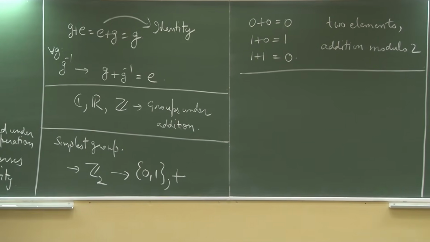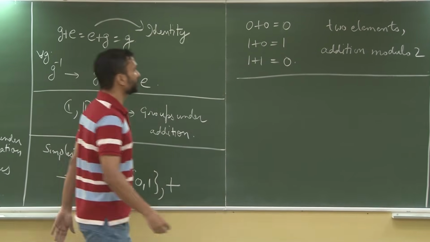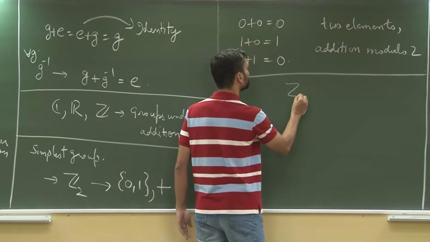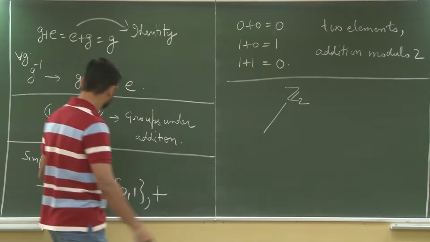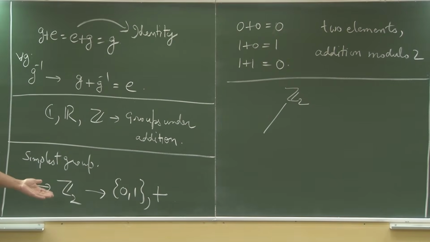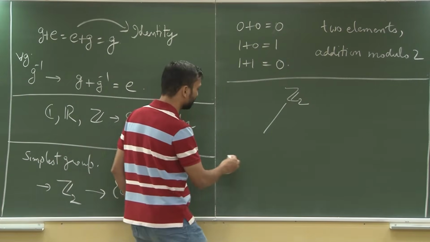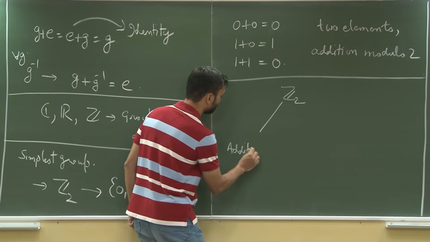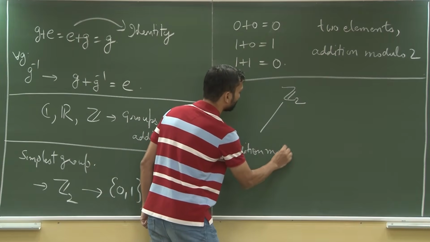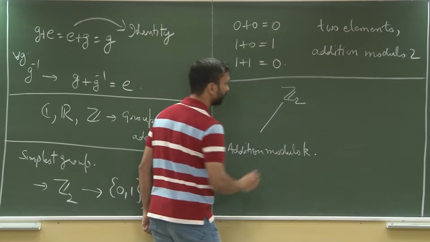We will see two extensions of this simple group Z2. We can say, why not take more than two elements? Let's take k elements and talk about addition modulo k.